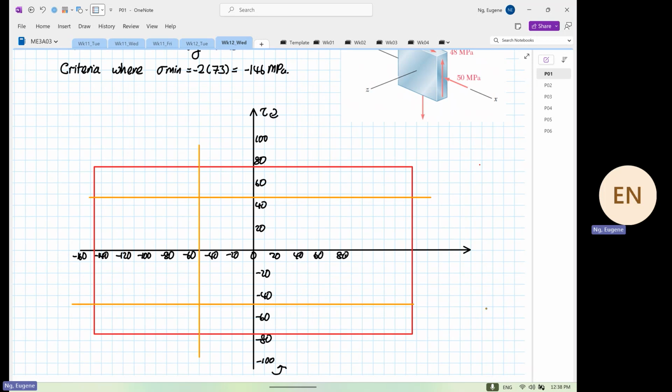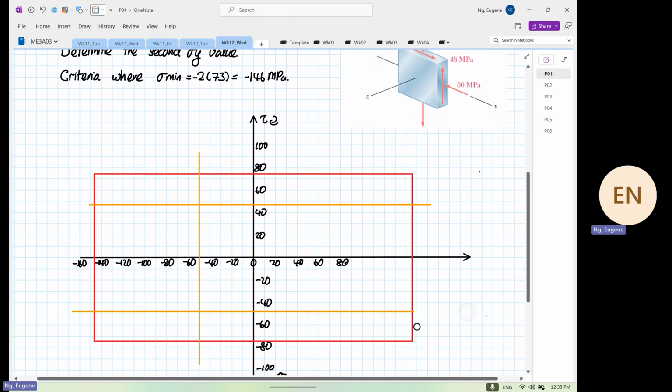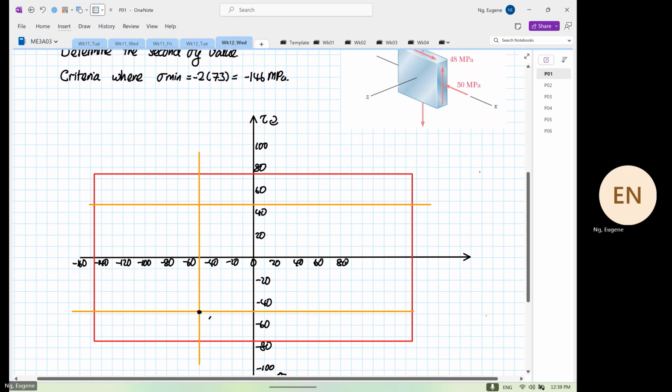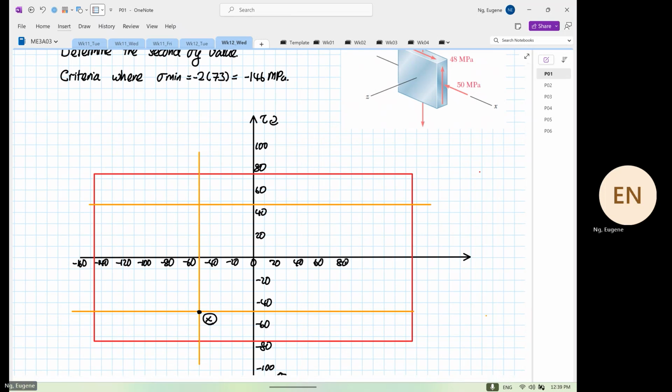Okay. And we are aware that point X is at the bottom. So we are going to try. We know that point X is there, and we know that this is our point Z, right?